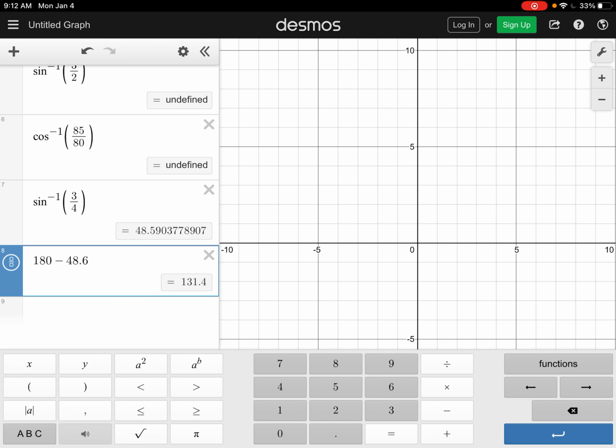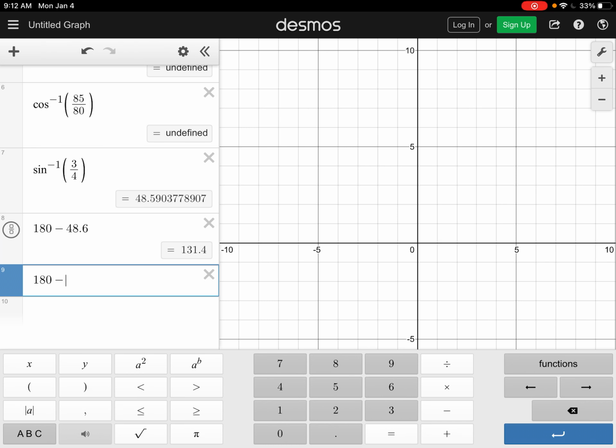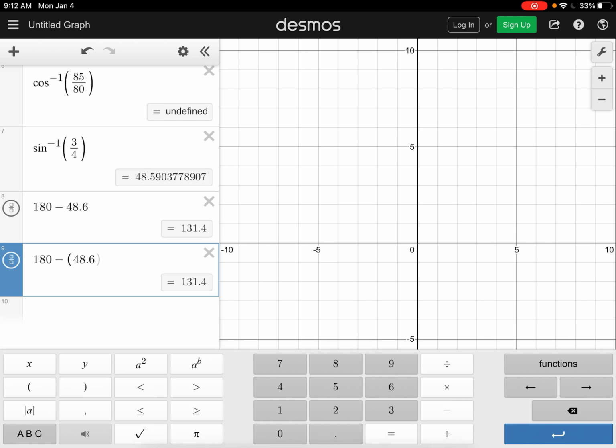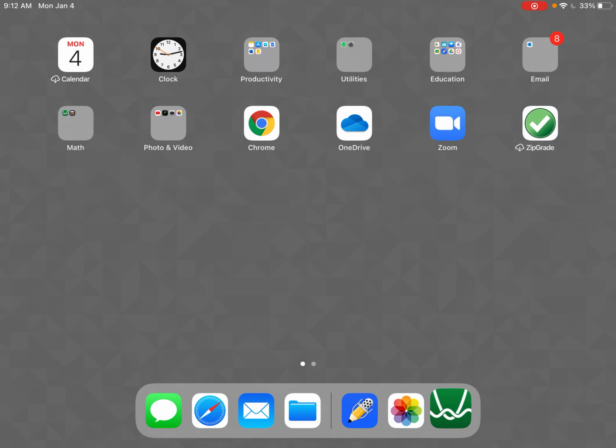So let's see, 48.6 and 30. And that's 78.6, so subtracting from 180 gives 101.4.